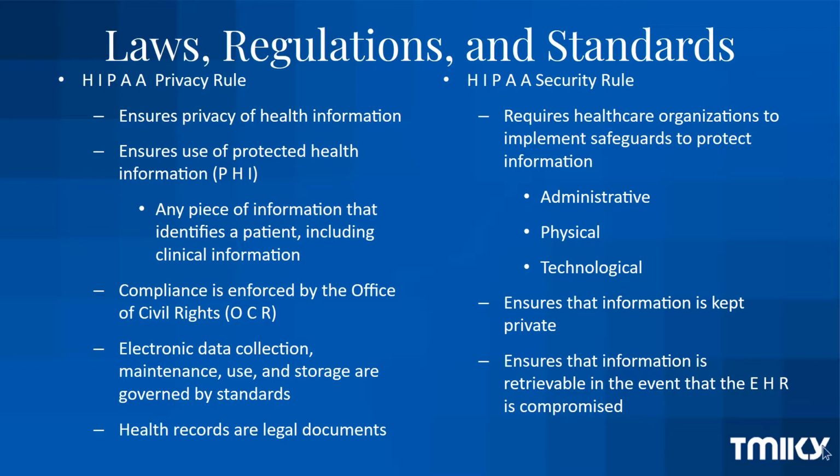The HIPAA privacy rule also makes sure compliance is enforced by the Office for Civil Rights. The privacy rule also protects electronic data collection, maintenance, use, and storage, and makes sure that the practices are meeting the standards. It also enforces that health records are legal documents.